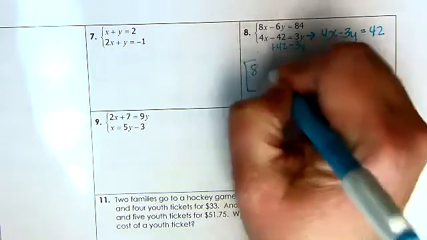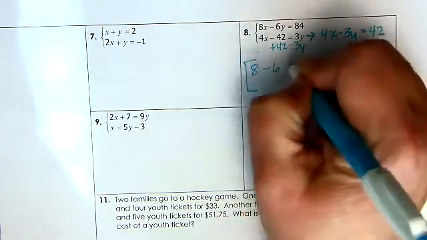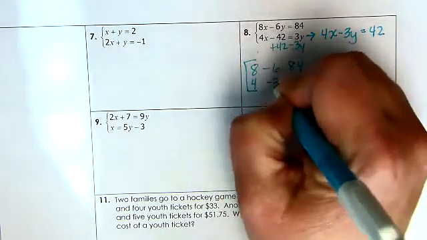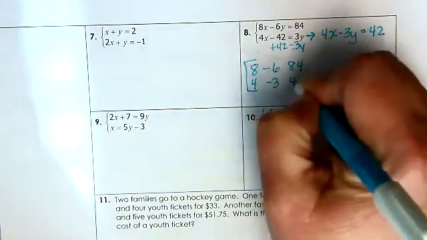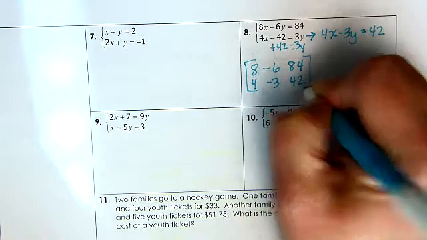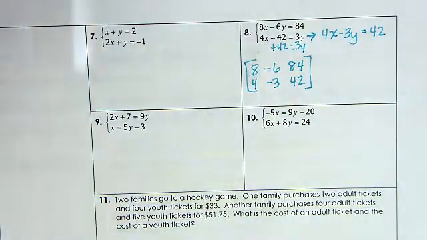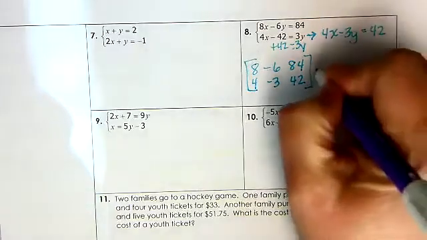So I have 8, negative 6, 84, 4, negative 3, 42. Some of you may notice something about what I could do to the equations, or you might have some observations at this point, and that's okay.